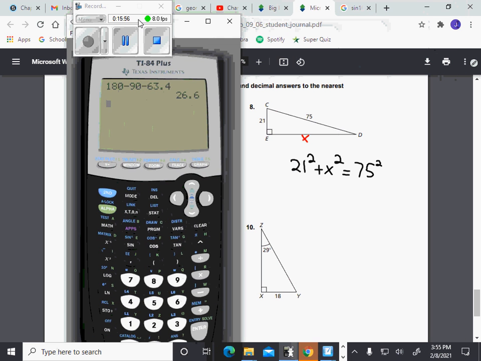So again, I take my calculator, I take 75 squared, I get 5,625, and I subtract 21 squared. I get 5,184. Then I take the square root of that number, and I get 72. So x is equal to 72.